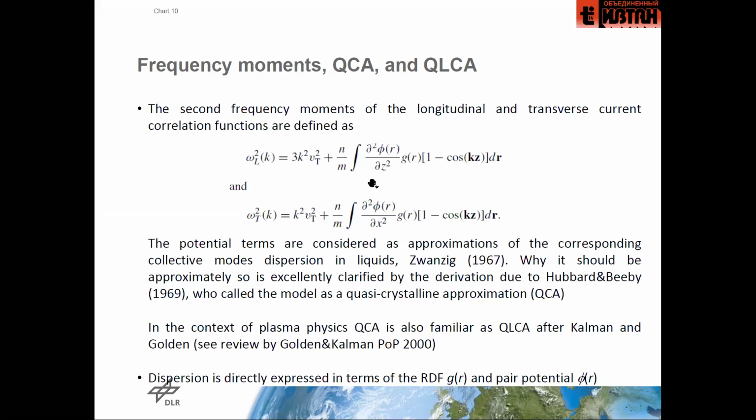Why the potential terms can be considered a good approximation of the dispersion relations is excellently clarified by the derivation of Hubbard and Beeby, and they called the model the quasi-crystalline approximation. In the plasma-related context, we know this as the quasi-localized charge approximation. The important point is that dispersion relations are expressed in terms of the pairwise interaction potential and the radial distribution function.